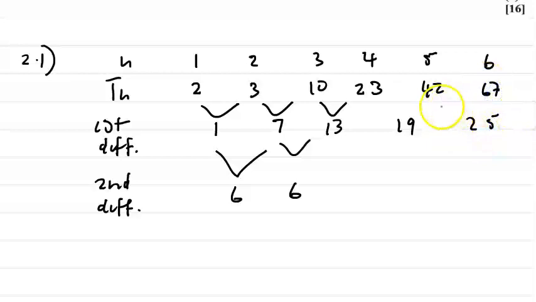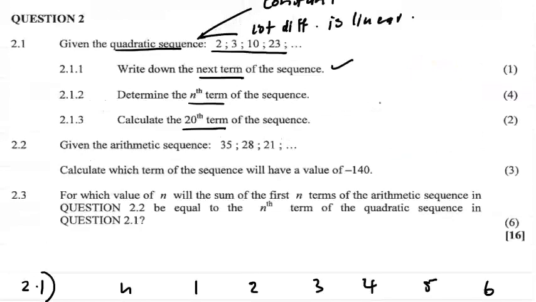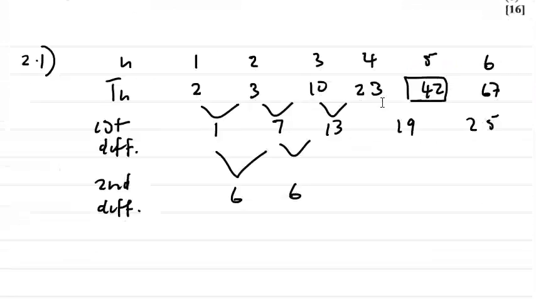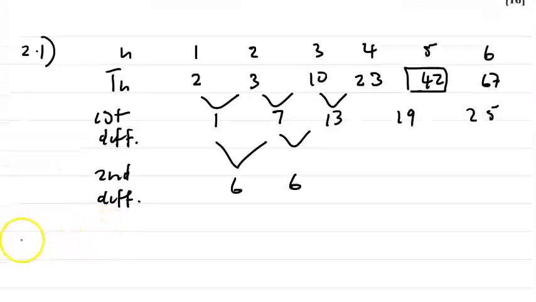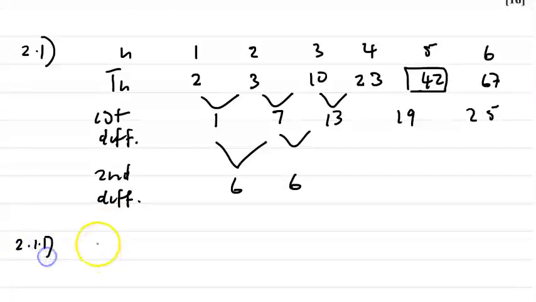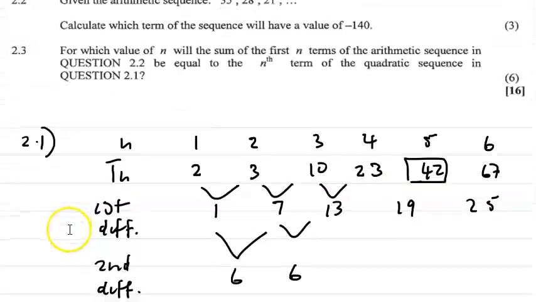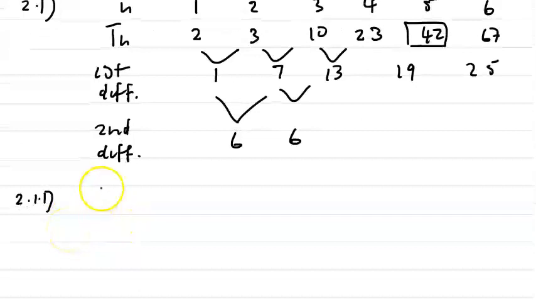So now you can write down your answer for the next term of the sequence, which will be 42. So therefore, to answer the first question, 2.1.1, we will write down our answer, which is 42. You can just write down 42.